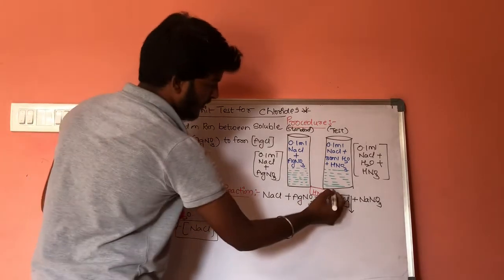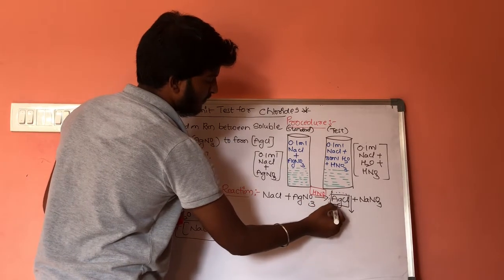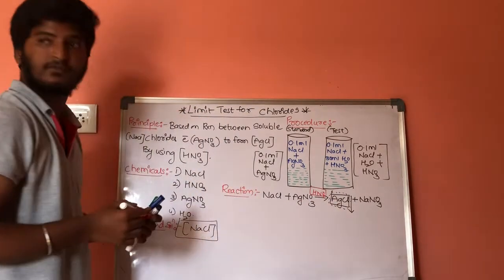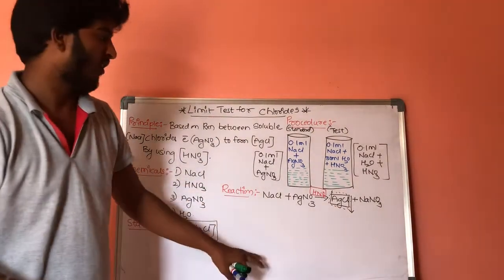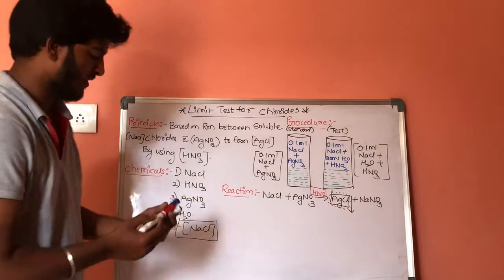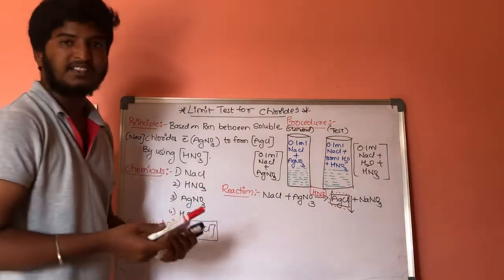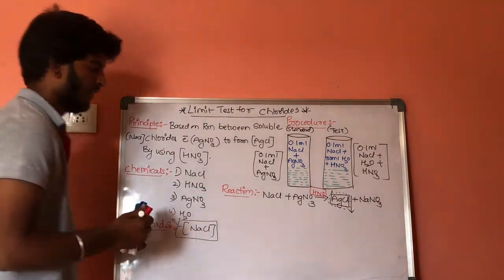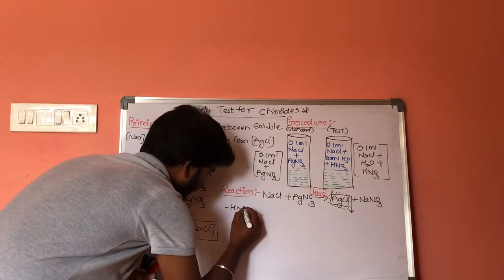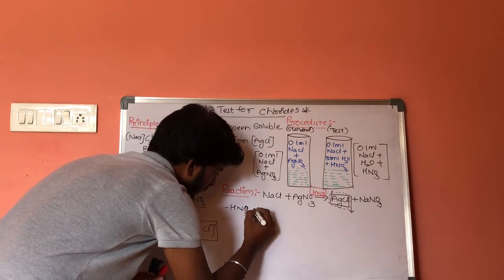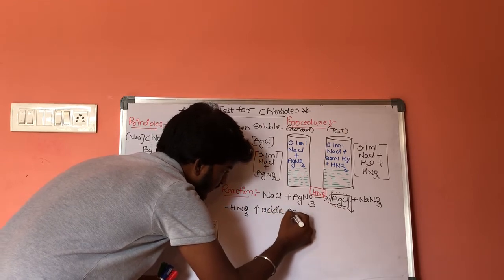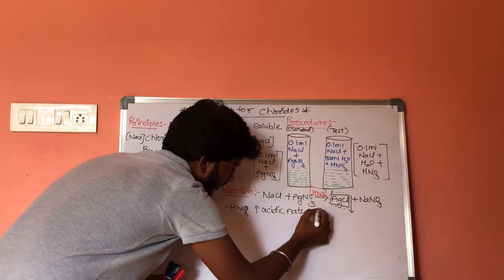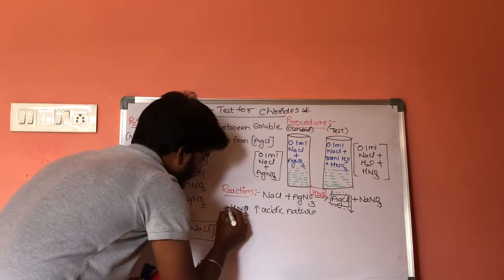Now, the use of HNO3 is that it increases the acidic nature.